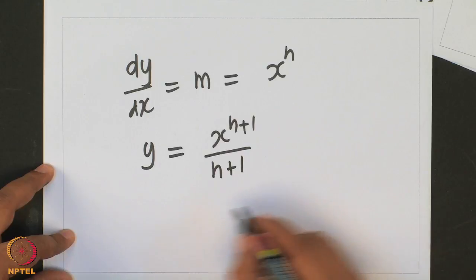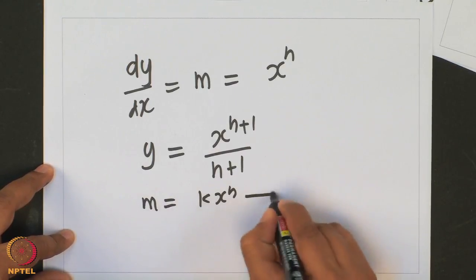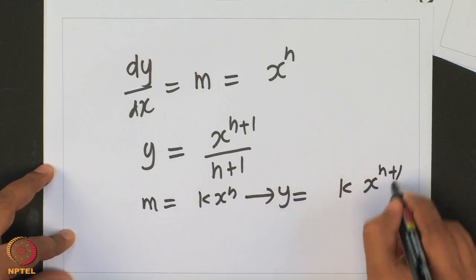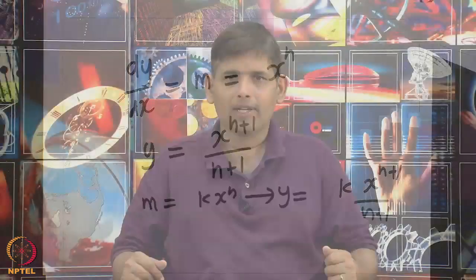And if there is a constant, if m is k x power n, then y will become k x power n plus 1 divided by n plus 1. If we apply this rule to different functions, you can calculate integrals using this formula for many simple functions. With this, we will stop this lecture and continue later.